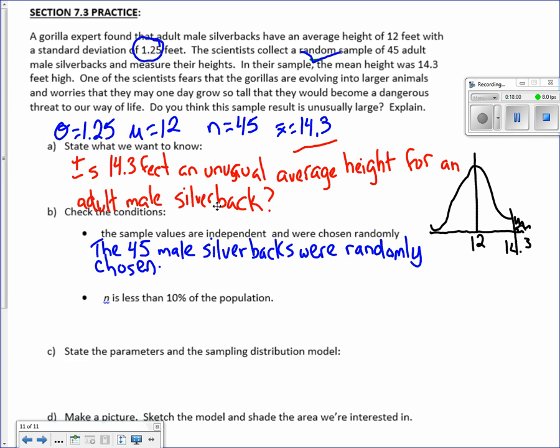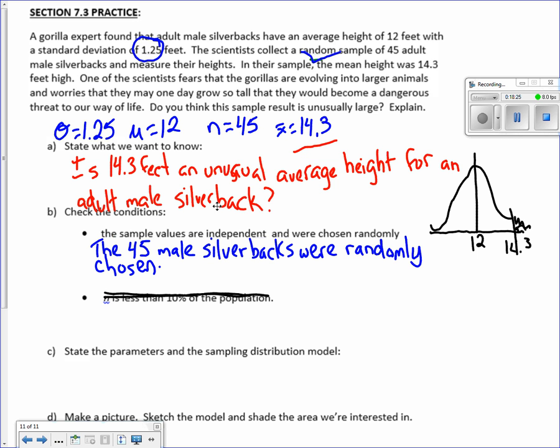Now this second bullet's really my mistake. We don't need to say that the sample size is less than 10% since we know that they were randomly chosen. Instead, what we want to say here is, do we know if the population's normal? That is something we should never assume. And since the problem doesn't state anywhere that the population was normal, then it is based on our sample size.